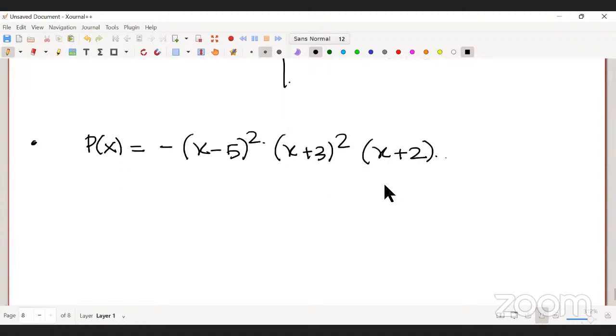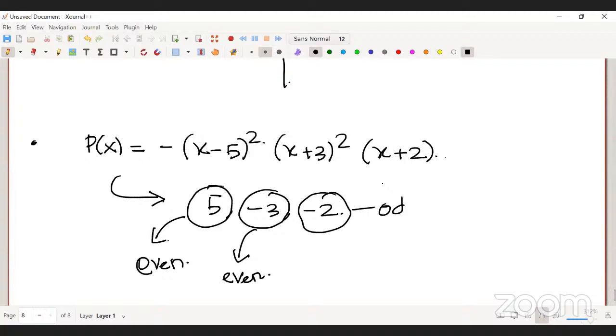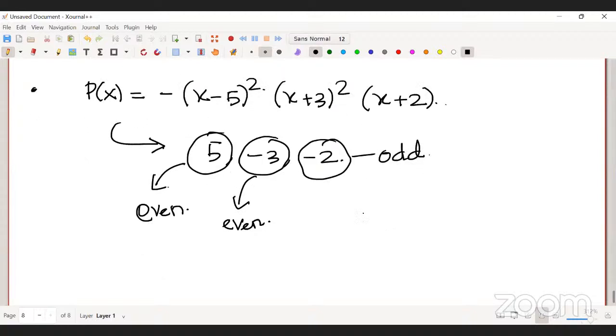What are the roots of this polynomial? 5, minus 3, minus 2. And the multiplicity of 5 is what? 2, even. The multiplicity of minus 3 is even. And the multiplicity of minus 2 is odd.